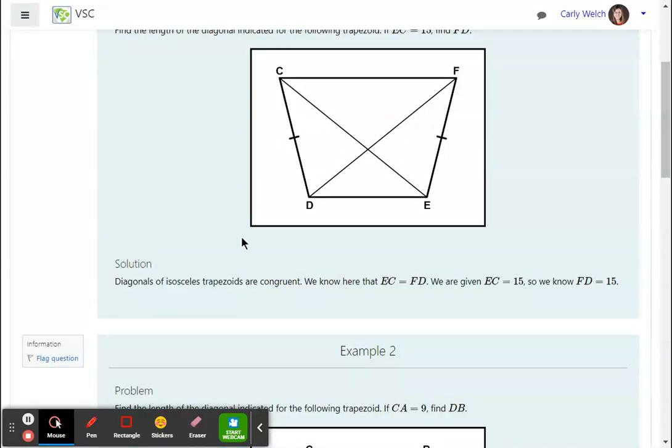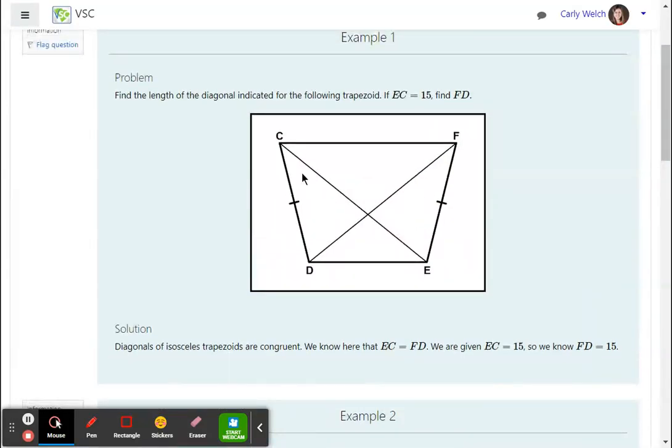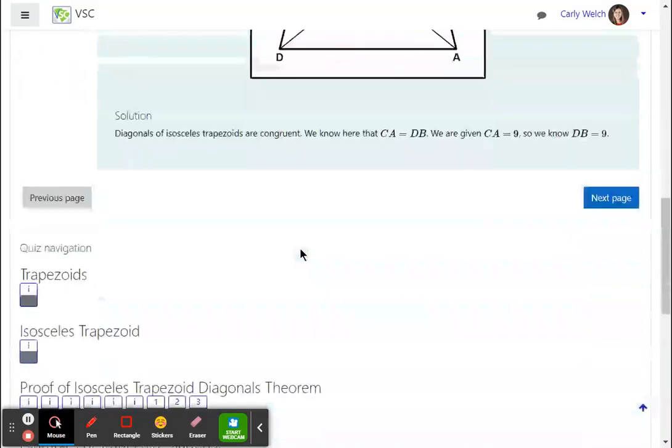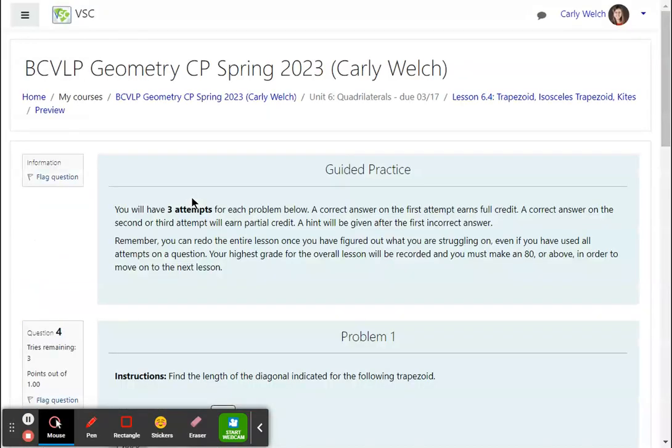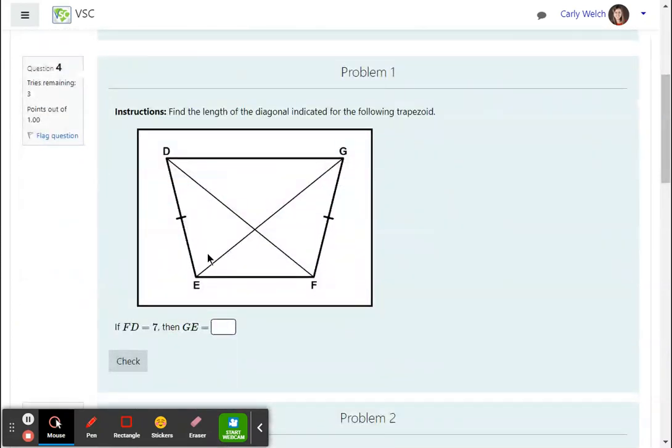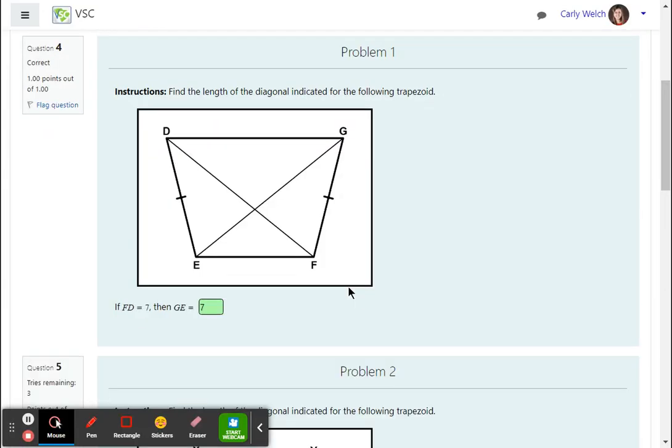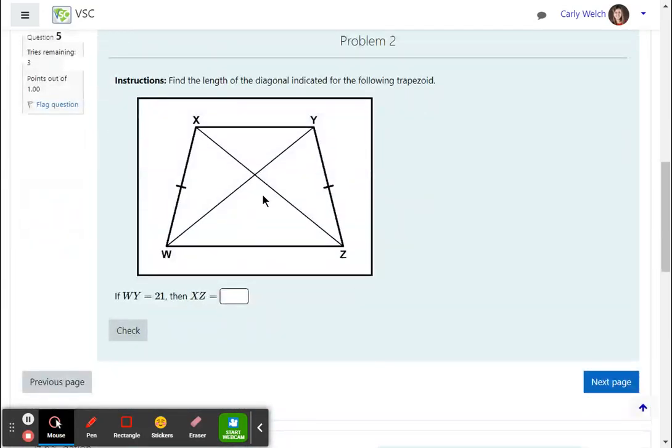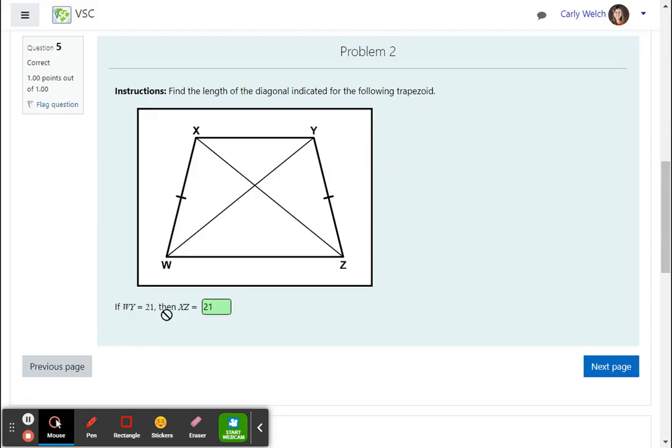All right, so EC is 15, so we know FD is 15 because diagonals are congruent. So if FD is 7, then GE is also 7 because diagonals are congruent. If WY is 21, then XZ is also 21 because diagonals are congruent.